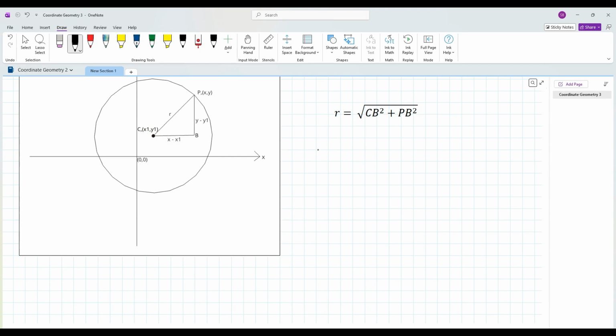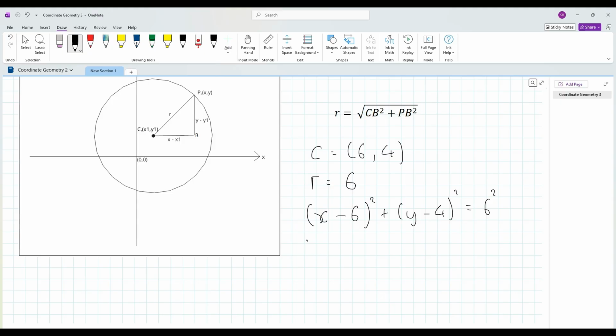So if the centre is given as C (6, 4) and the radius is given as 6, we now write down the equation of the circle as x, remember this is positive 6, so now it's negative 6, squared, plus y, positive 4, so now it will be negative in the brackets, squared, equals 6 squared.